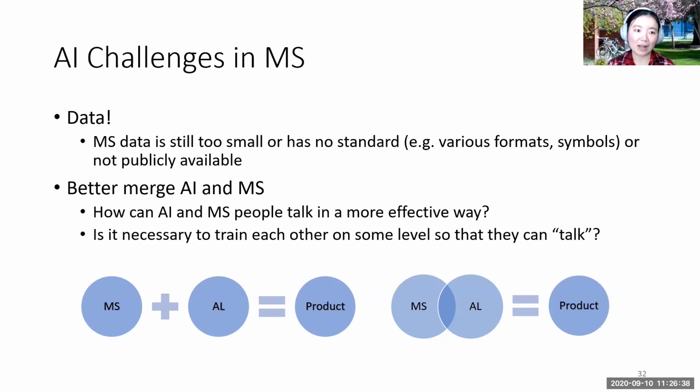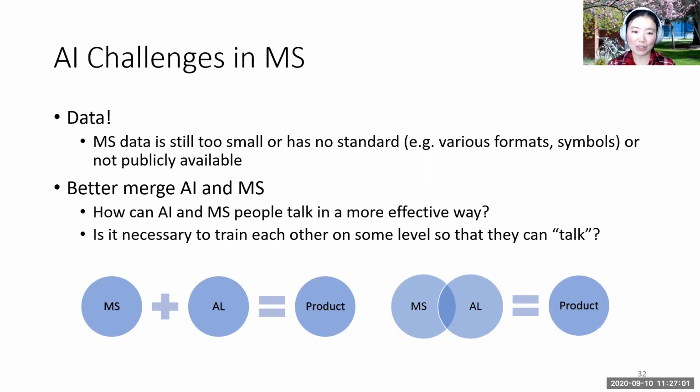The second challenge I see is how can we better merge AI and material science? That means, how can AI and material science people talk in a more effective way? I see this problem always happen at the very beginning of the research.